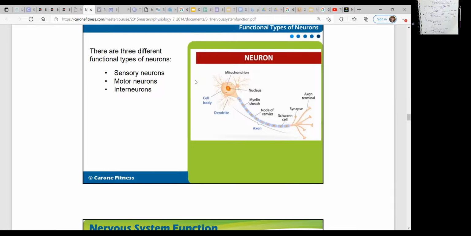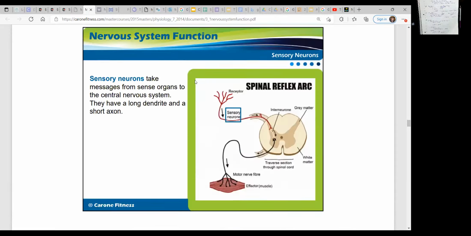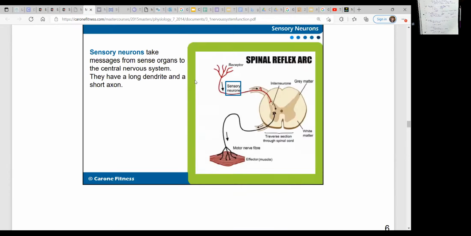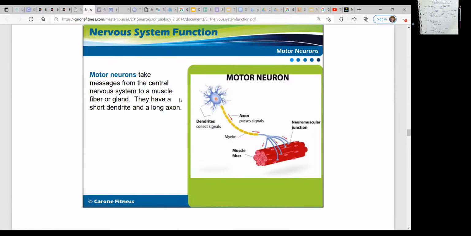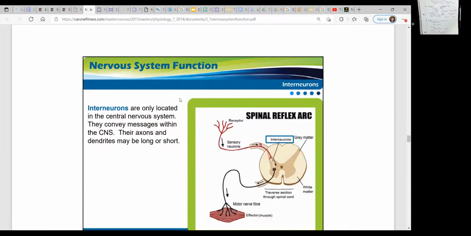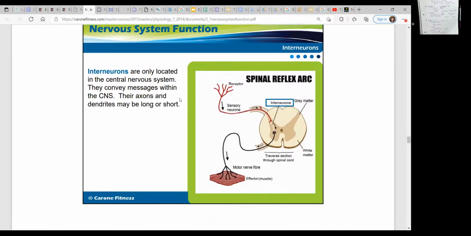Motor neurons, those are the response to the stimulus from the sensory neurons. And then interneurons. We did not cover the interneurons necessarily, but we have the sensory and motor neurons, and then those interneurons are only along the central nervous system, and they convey messages within that central nervous system. Their axons can be long or short.